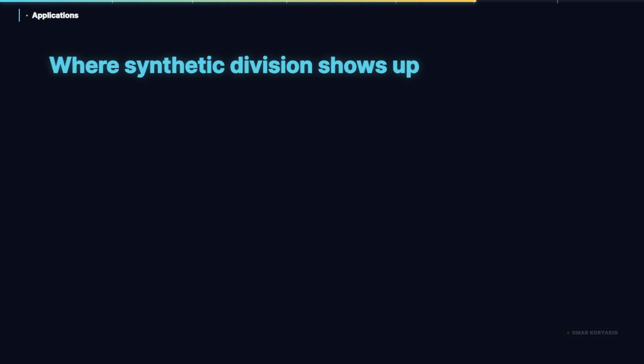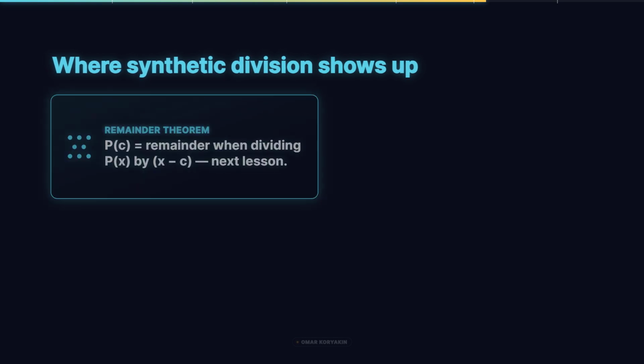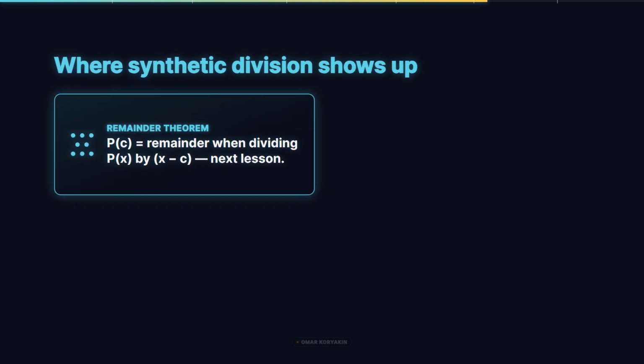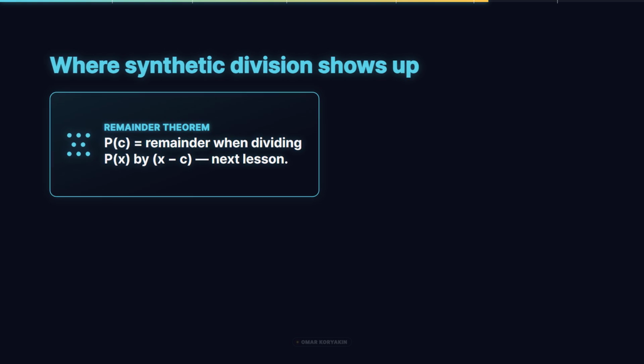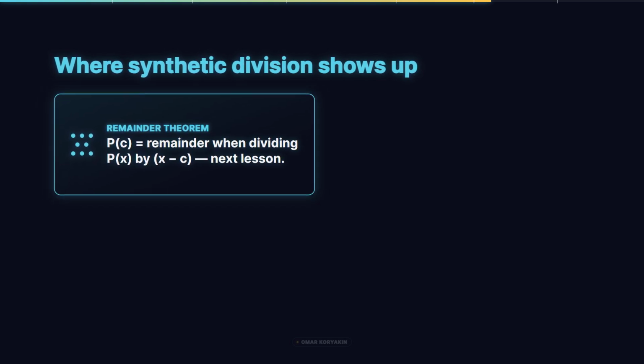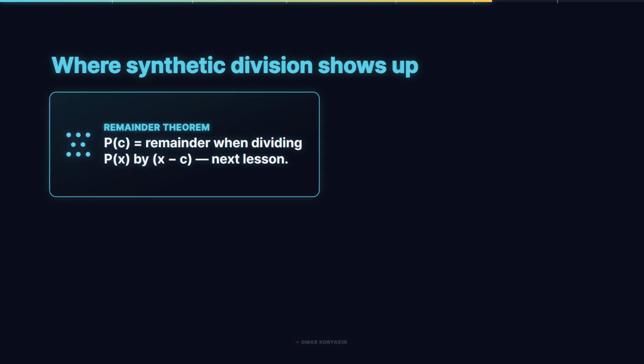Synthetic division shows up across the remainder theorem, factor theorem, root testing, and polynomial reduction continuously. Every algebra and beyond practitioner uses synthetic division as the workhorse polynomial evaluation tool. In the remainder theorem of the next lesson, we prove that the remainder when dividing p of x by x minus c equals exactly p of c, the value of the polynomial at c.